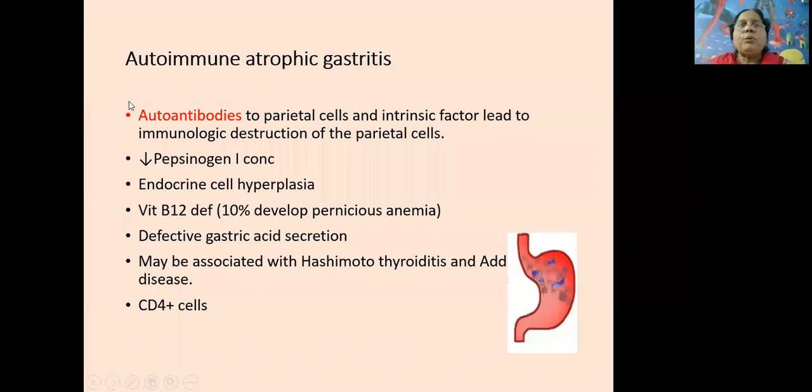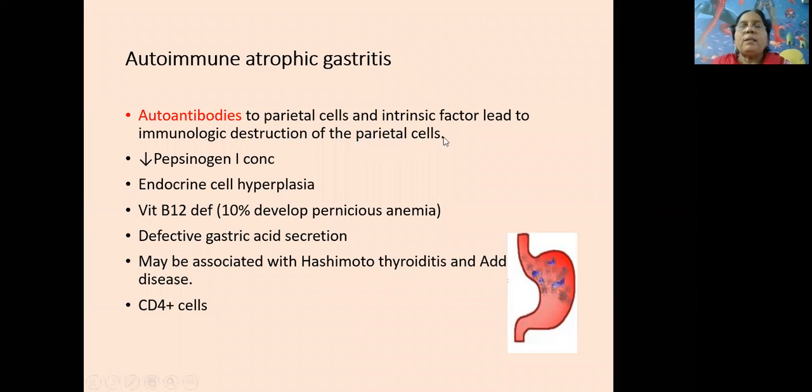Now coming to autoimmune atrophic gastritis. So here what happens is, you all know about autoimmunity and all that. So this is autoantibody to parietal cells and intrinsic factor. Sometimes it may be canalicular antibody or intrinsic factor blocking antibody, binding antibody.